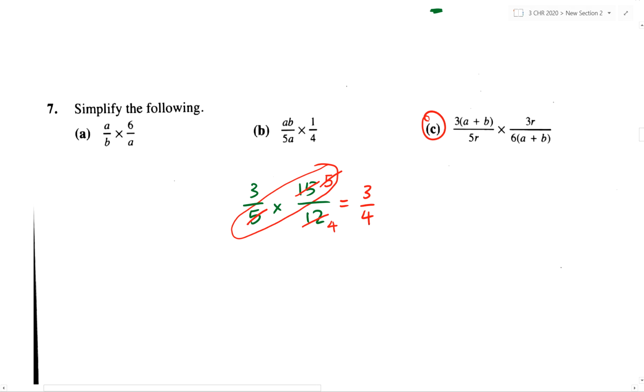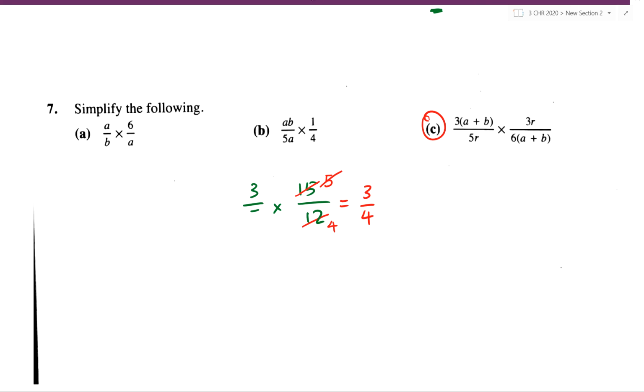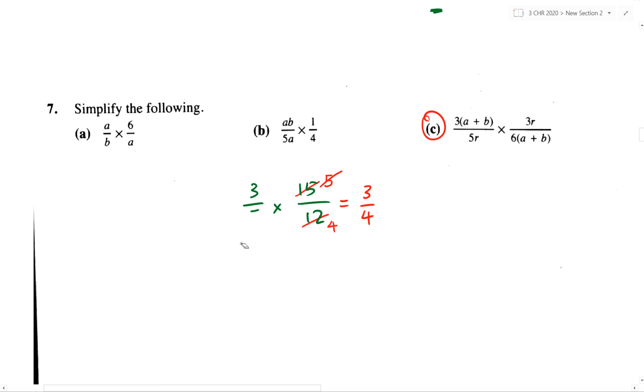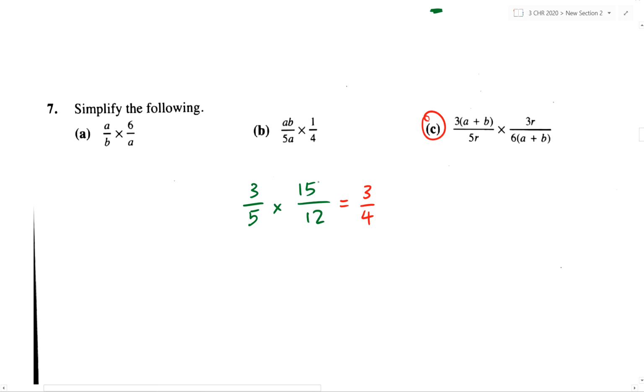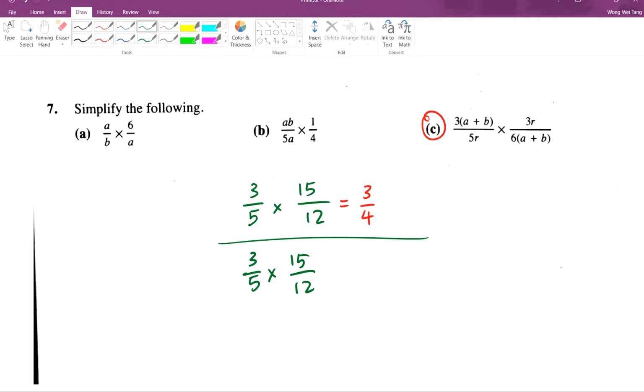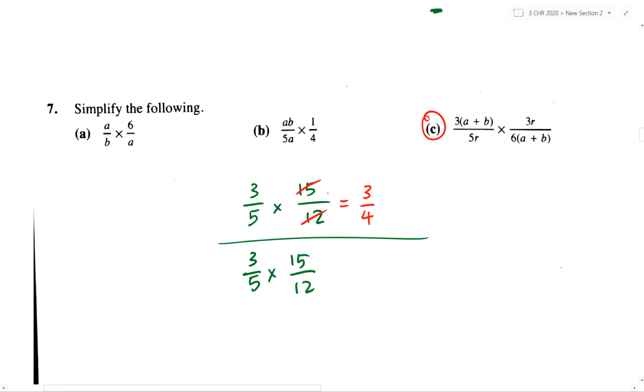Now, we're going to use the exact same question as an example. Going to write here at the bottom, 3 over 5 multiplied by 15 over 12. Besides just cancelling this way, 5 and 4 and then 5 and 5, we can also cancel diagonally.